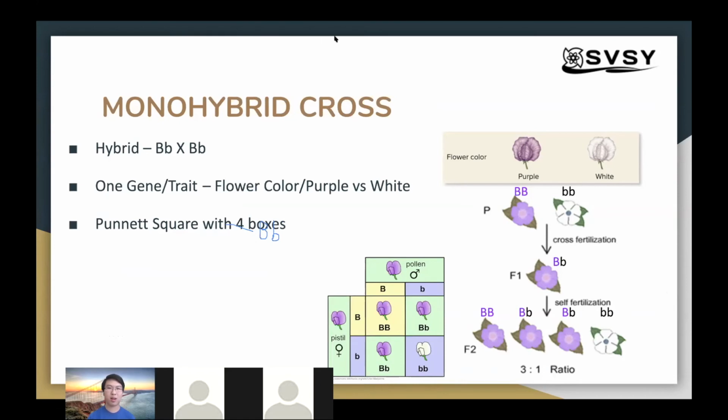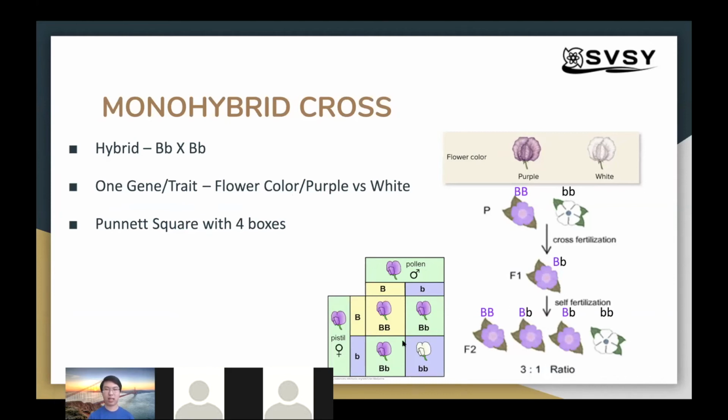What we just performed is called a monohybrid cross. Mono meaning one, hybrid meaning they're different alleles, because you have this big B, little b crossed with big B, little b. So this is the F1 cross producing the F2 generation. And so that's one gene or trait, for example, the flower color gene, which is the purple versus the white trait. And then you get a Punnett square that has 4 boxes.